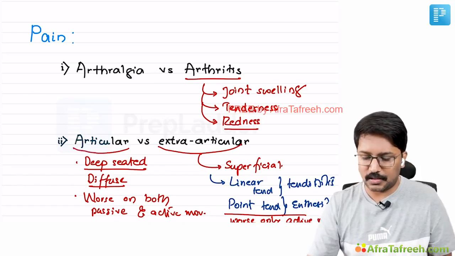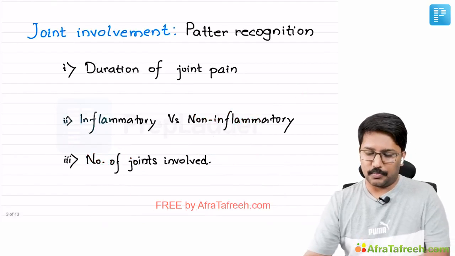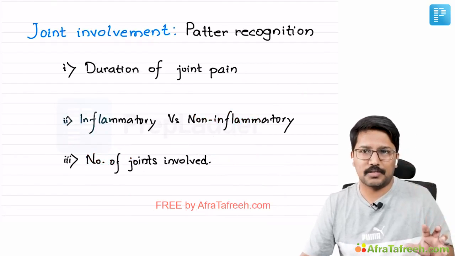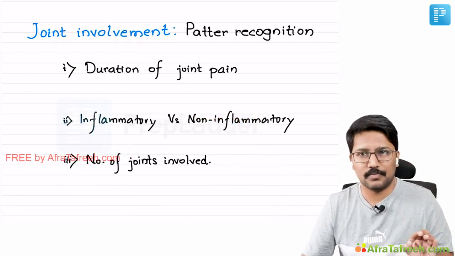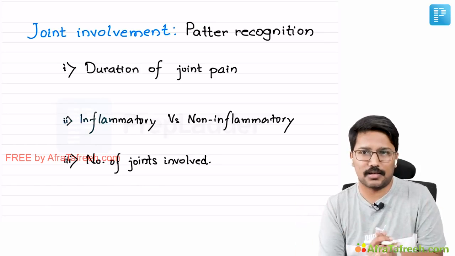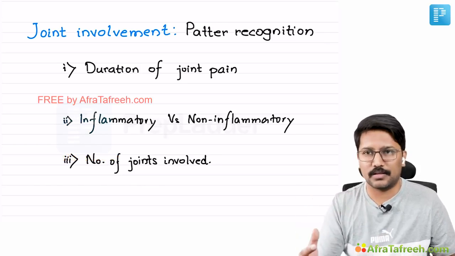Okay, so this helps us to distinguish between the articular and extra-articular joint pain. Now comes the real question. Once you know that you have a patient presenting with a real arthritic condition, most often you will have articular involvement, for example, if I'm talking about rheumatoid arthritis. So you will have tendinitis, you will have enthesitis, you will have synovitis.